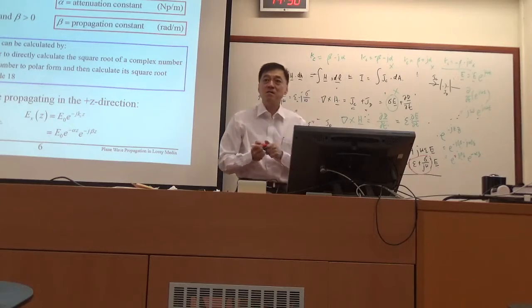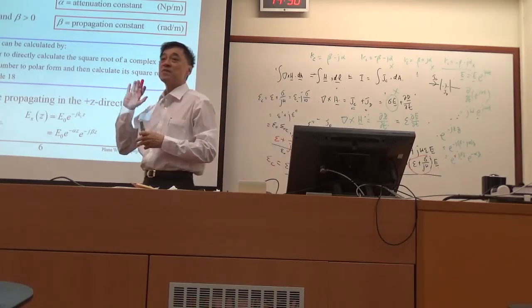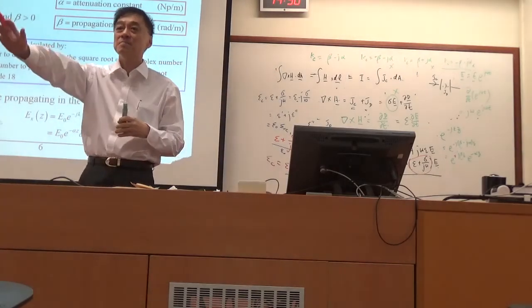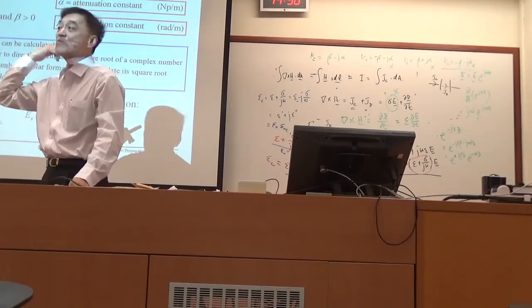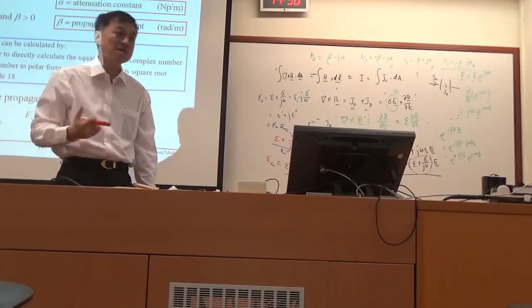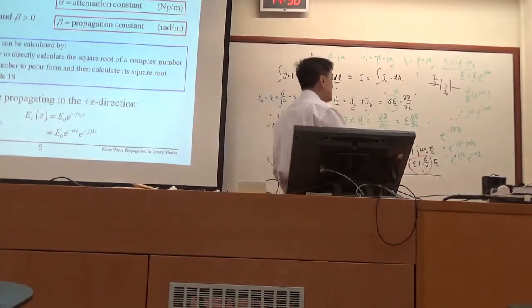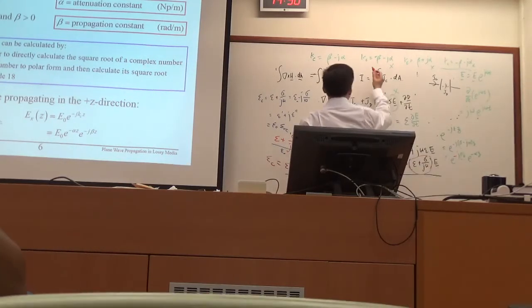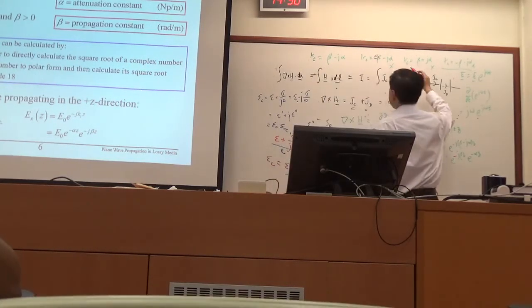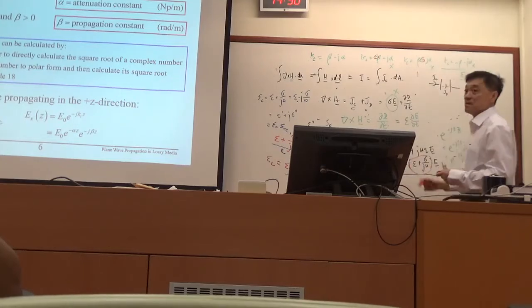Obviously it cannot, because our forward propagating wave is e to the minus j beta z. If e to the plus j beta z, it becomes a backward propagating wave. Cannot be. And alpha cannot be negative here either. Why?